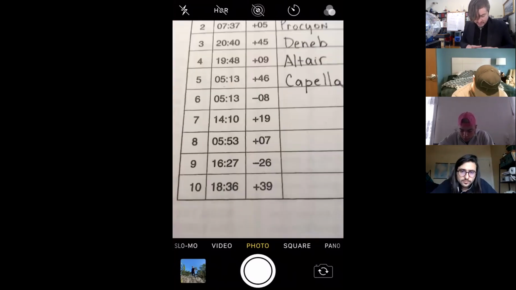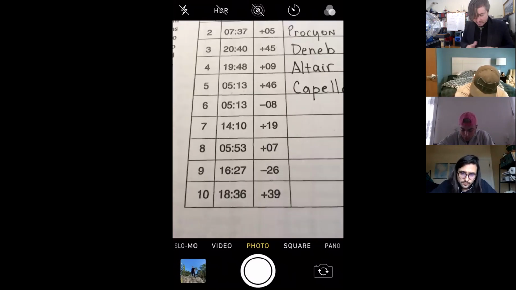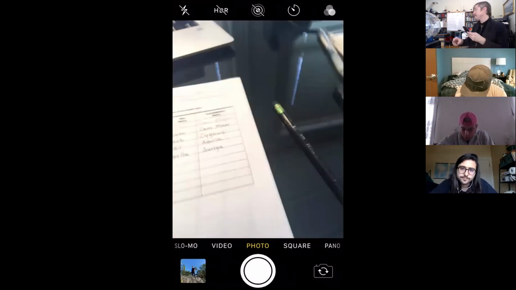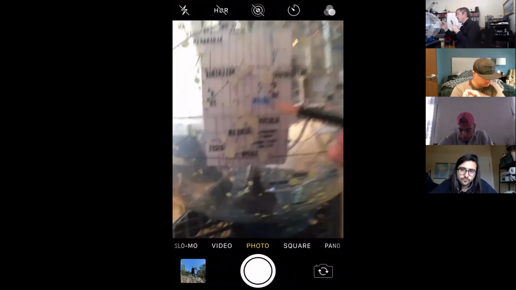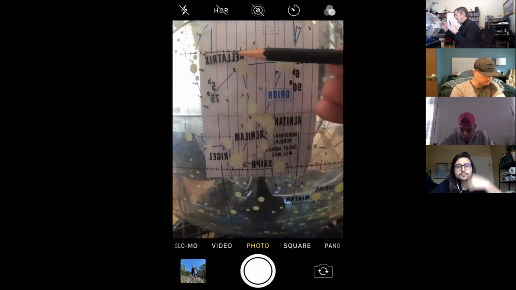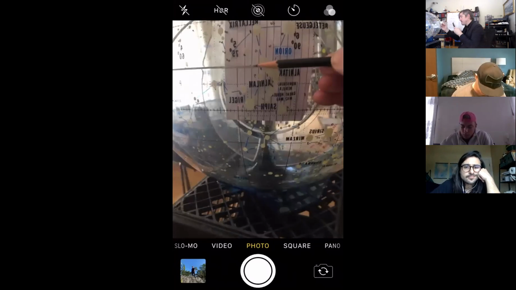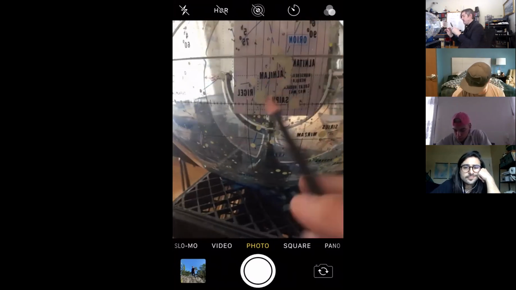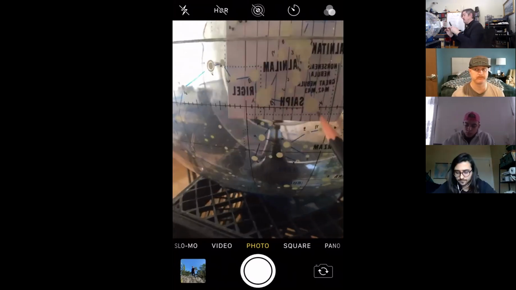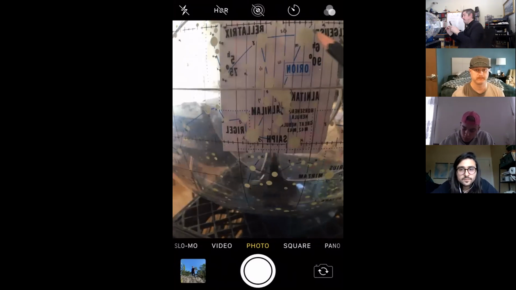Next up, 513, same right ascension, but minus 8 this time. So 513 was about there. Start at the celestial equator and go down 8. This is the constellation of Orion here, okay?